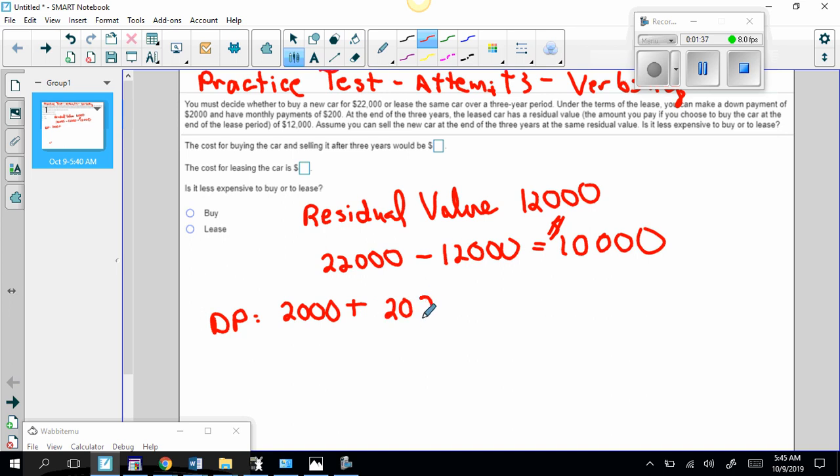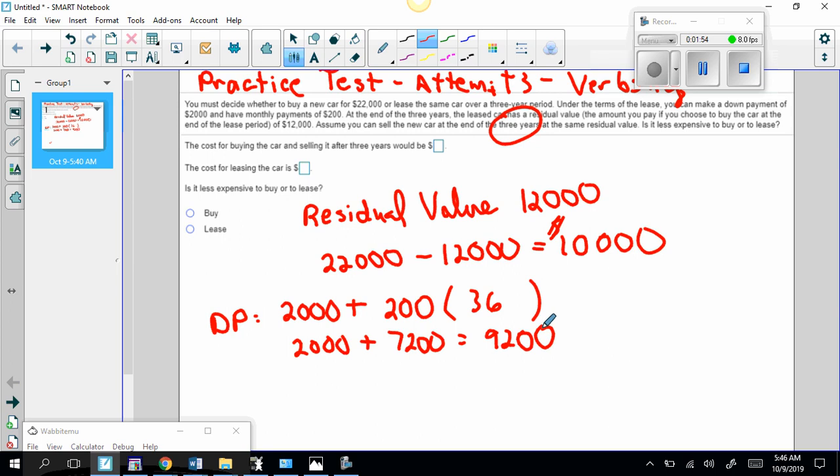Ooh, that's pretty low. 200 times how long? 3 years. So 36 months, which is 2,000 plus 7,200, $9,200, $800 less. So lease the car.